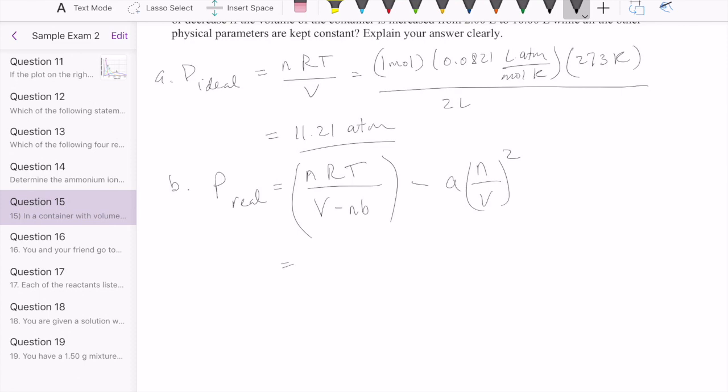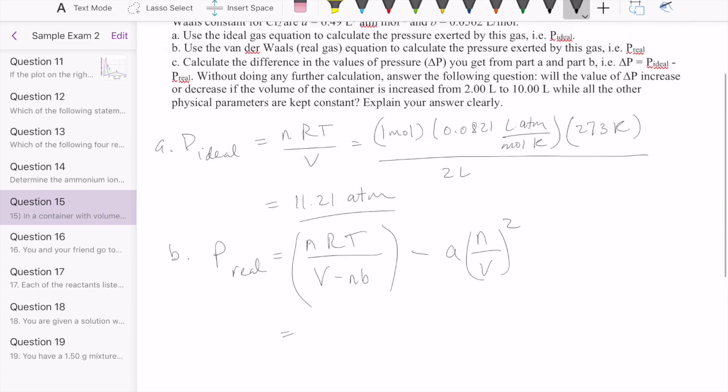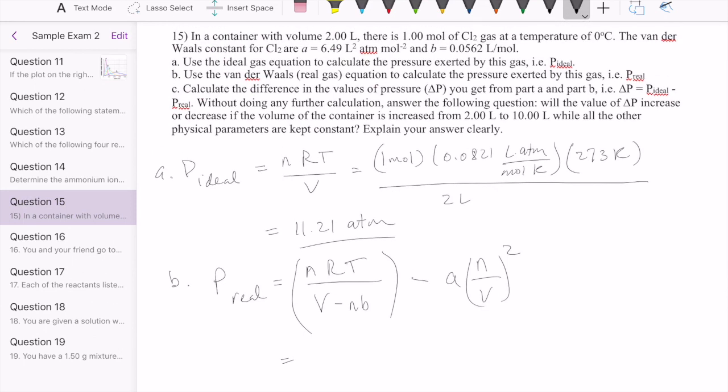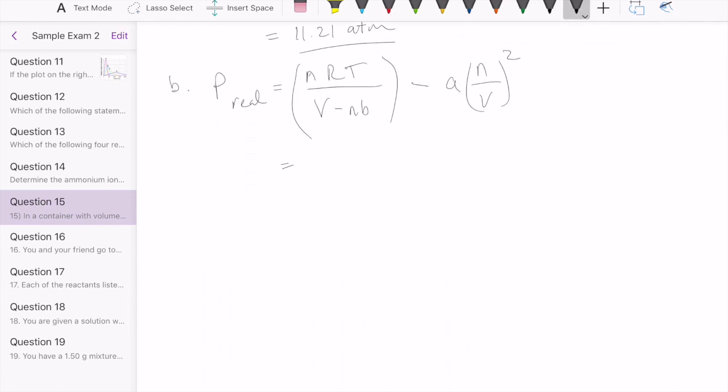Okay, and once you remember that equation, it's a matter of plugging in the numbers that are given to you. Notice the a and the b constants that are part of this equation are given right here in the question. So we basically just need to plug in those numbers. And so let me do that. So 1 mole, I'm going to take out the units here just to be able to fit all the numbers in my writing.